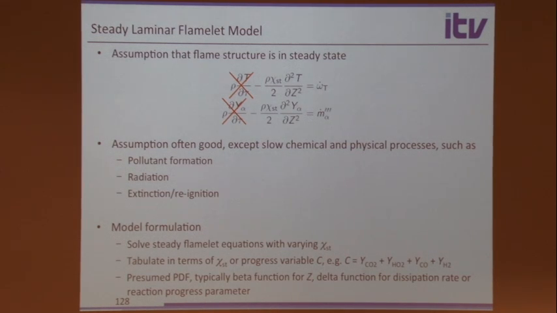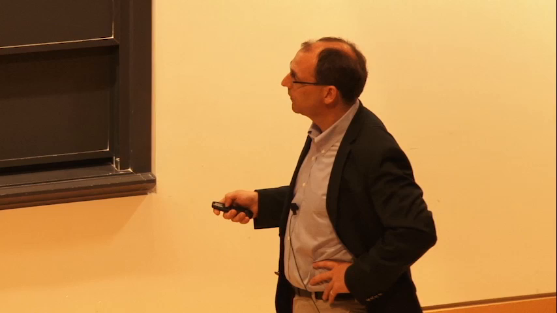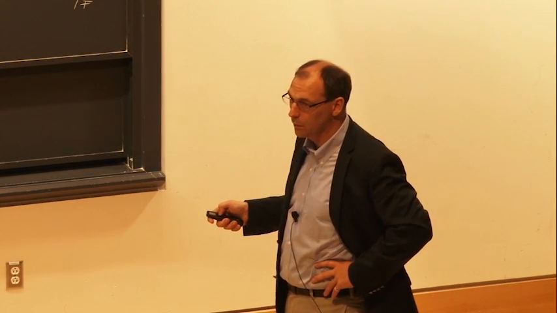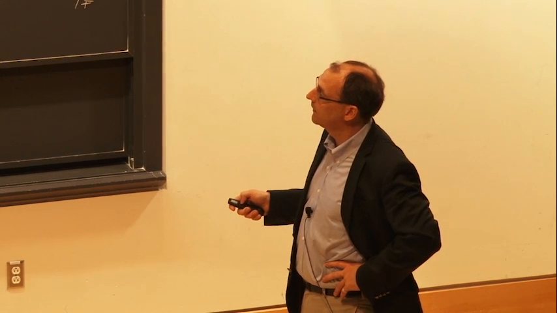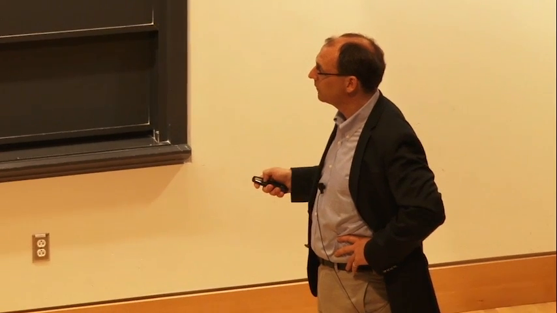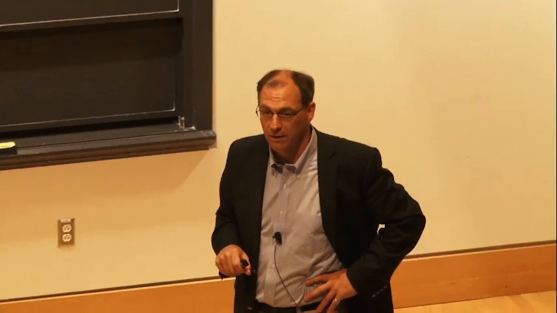Instead of chi-stoichiometric, sometimes we use a reaction progress variable as the third parameter. Then we need to solve an equation for the reaction progress variable in the CFD code, and that has a chemical source term, which we also just have in the library.